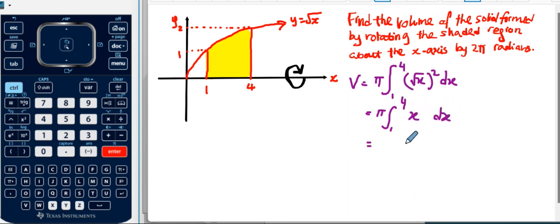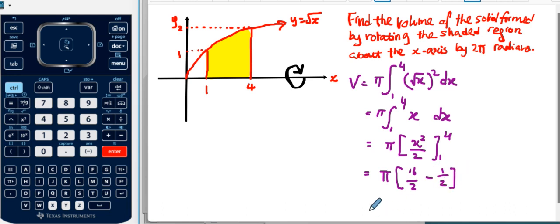If I do this integration, this becomes x squared over 2 from 1 to 4 with a pi outside. So the answer is pi, big bracket, 16 over 2 minus 1 over 2. So the final answer is 15 pi over 2.